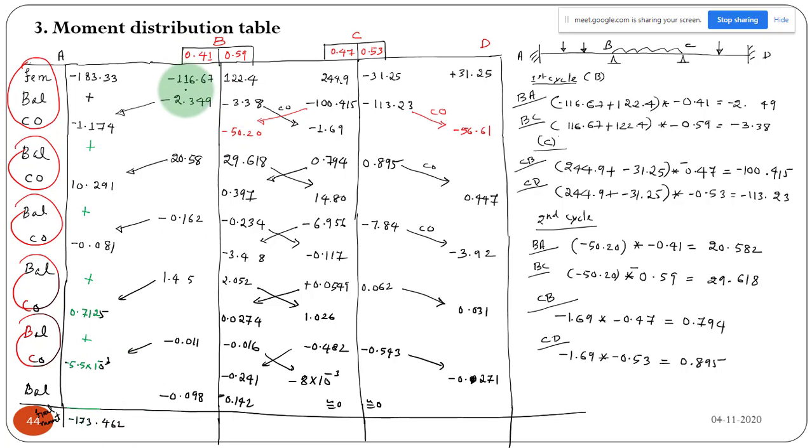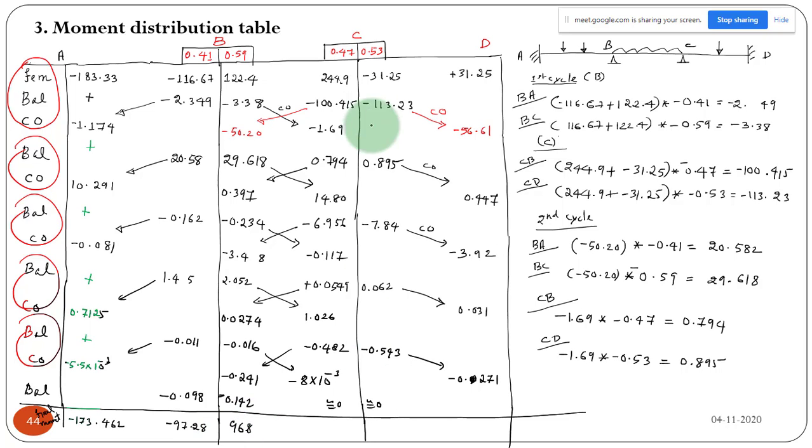Similarly, you take all this sum: minus 116 plus 2.3 plus 20.58. The negative sign you have to keep, minus 116 minus 2.3 plus 20, etc. We take all these sums and check the values. The exact value we may get is minus 97. You take the sum of this moment and you will get plus 96.8.